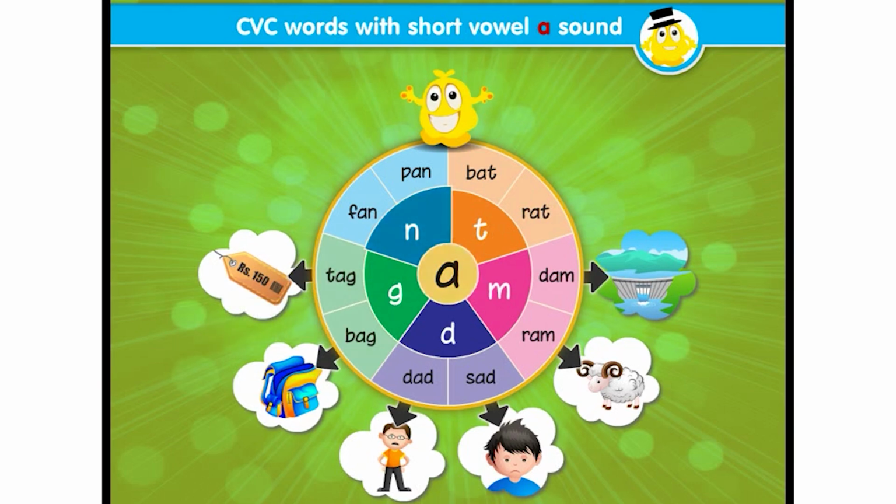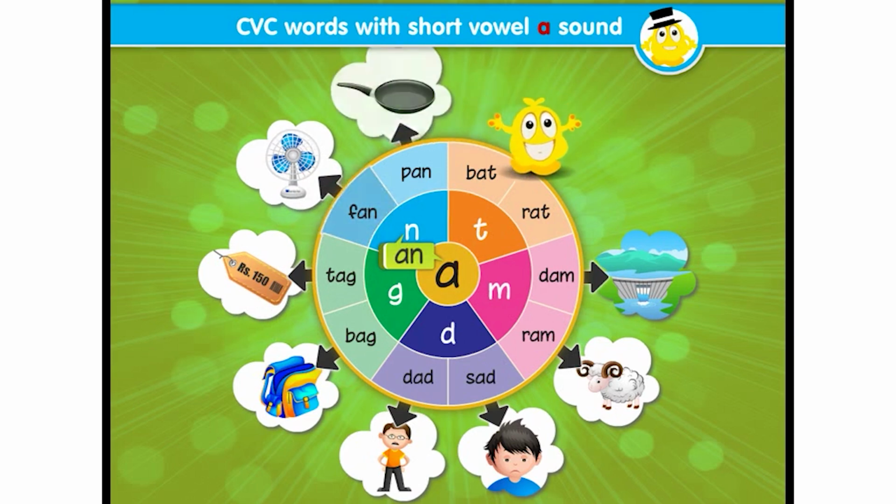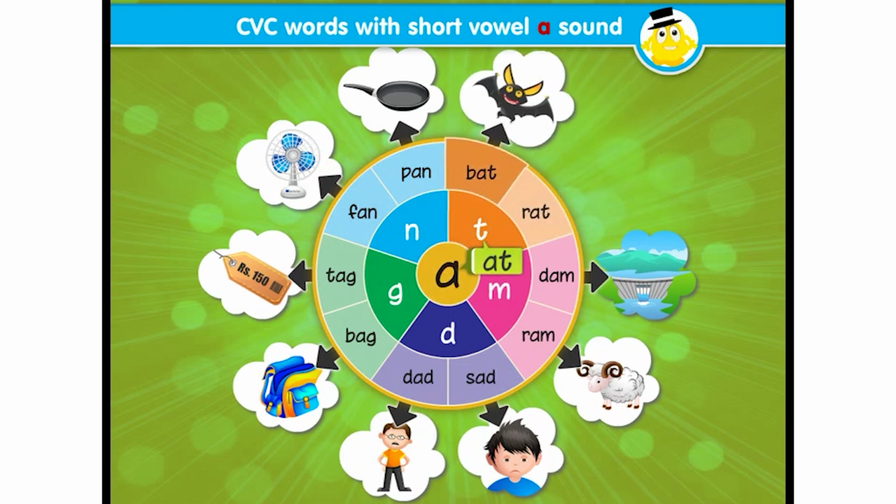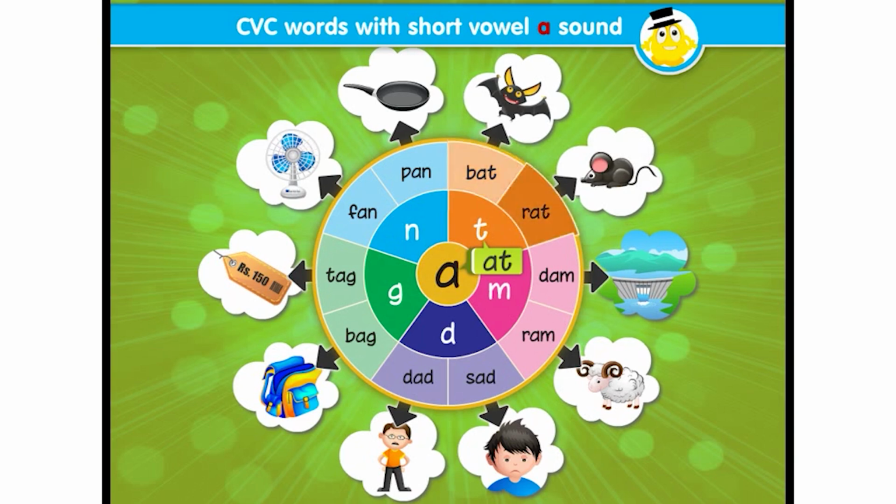A and N makes an, as in fan and pan. Fan and pan are rhyming words. A and T makes at, as in bat and rat. Bat and rat are rhyming words.